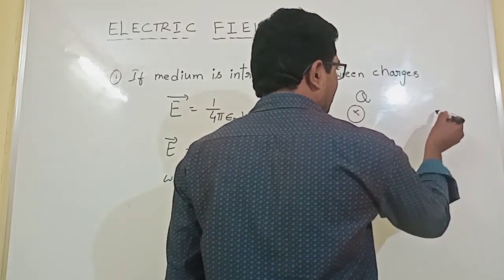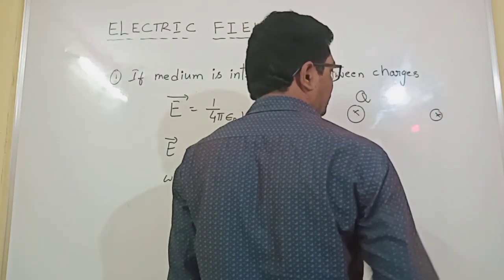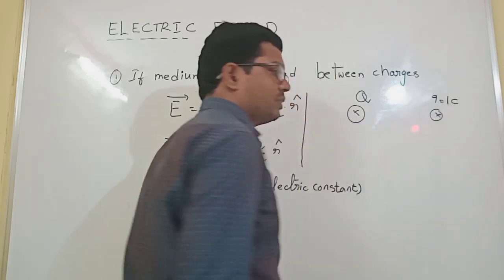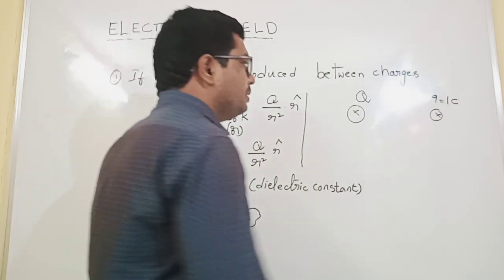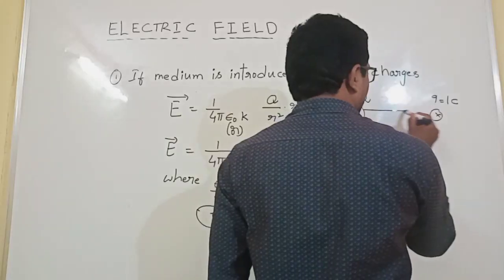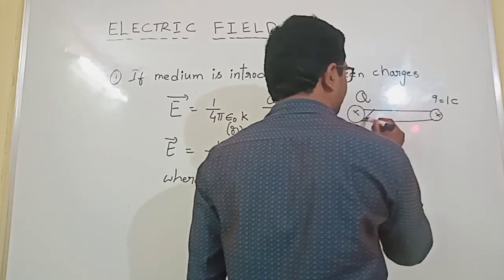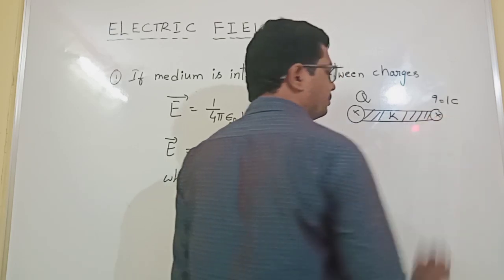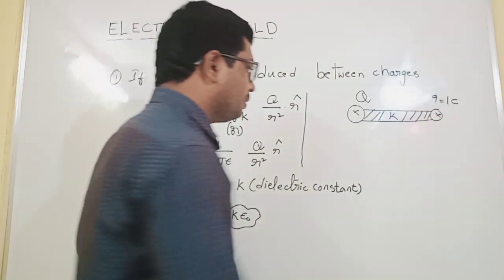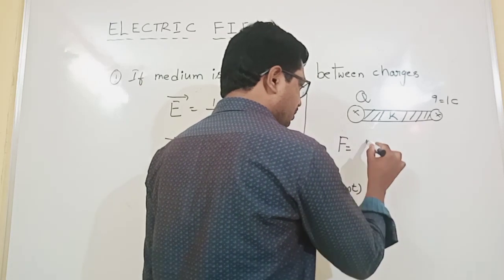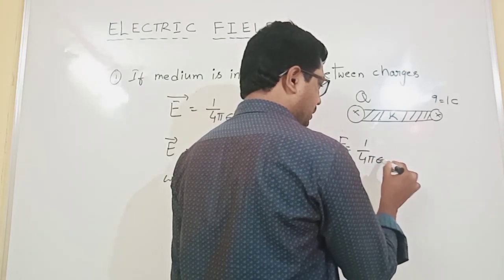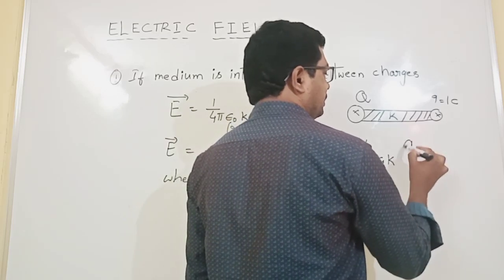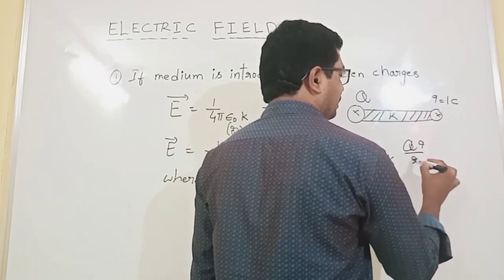In general, as per my previous explanation, this is one charge. Suppose this is 1 coulomb of charge. Between these two I introduce the medium. That medium has dielectric constant K. According to the formula, F is equal to 1 by 4 pi epsilon naught times K times capital Q divided by R square.